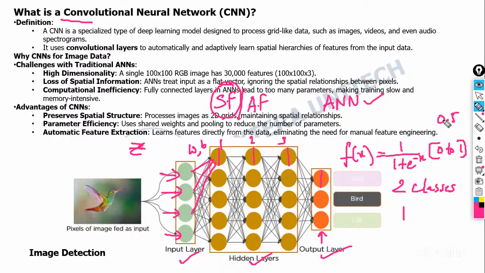And if the value is greater than 0.5, we'll keep it as the next class, class 1, class 2. That's how sigmoid function is used in a binary classification task as an activation function in the output layer neuron.